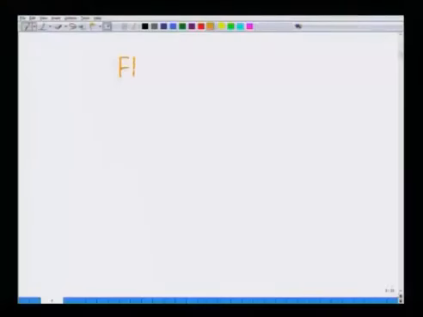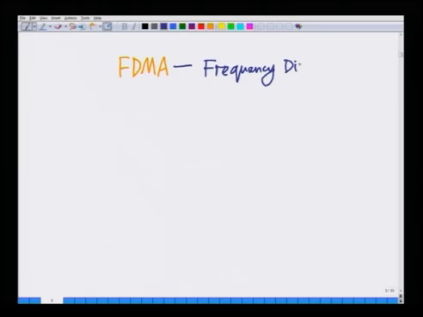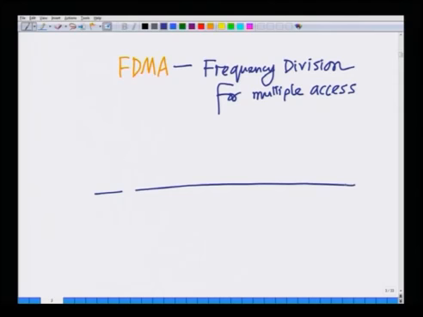Another technology, which came even before TDMA, is what is known as FDMA, which stands for frequency division multiple access, in which instead of dividing signals in time, I am allocating separate frequency bands.